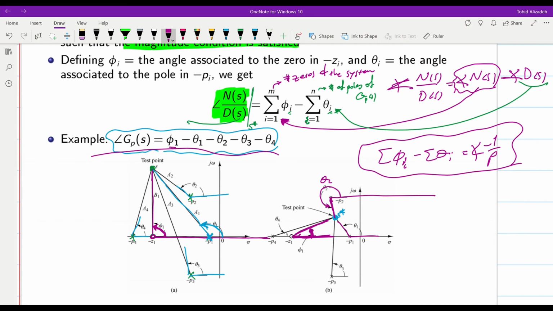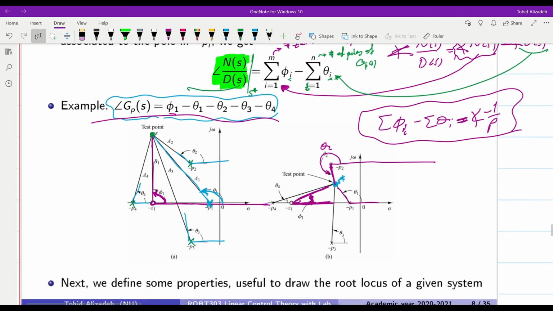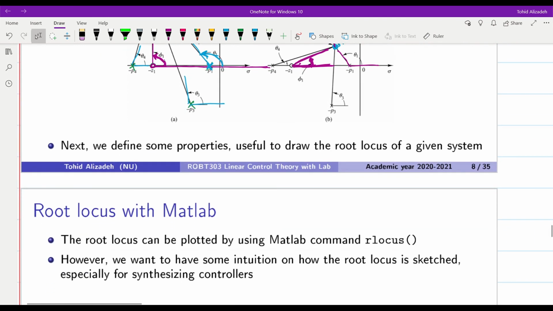If this equality doesn't hold, then the test point doesn't belong to our root locus. When we go through the examples, this will become easier for you, and you will learn how to find the phase contributions coming from any of the poles and zeros.